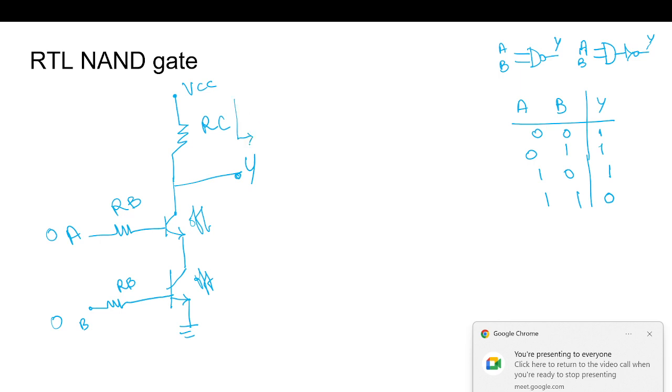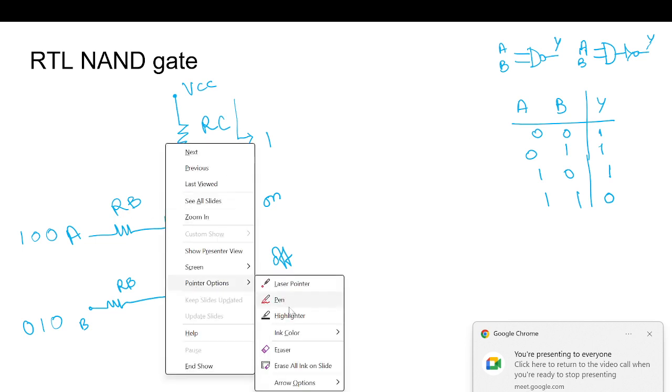The output will be 1. The same way, if any one of the transistors is not conducting, like say this is off and this is on, or this is on and this is off, there won't be any path for Y to ground. So the output will remain in logic high.